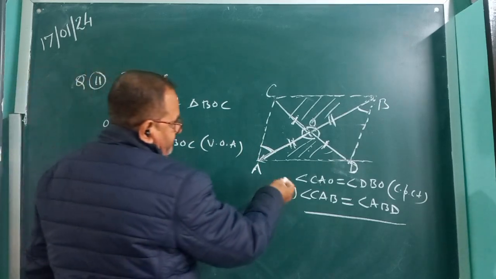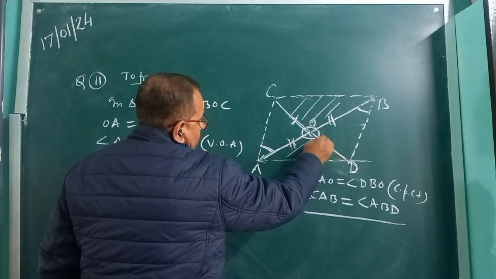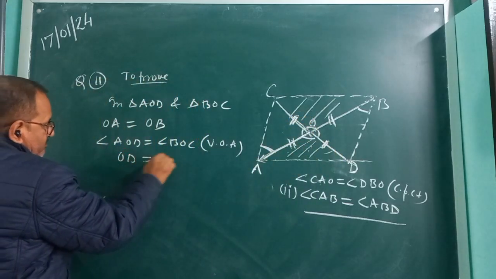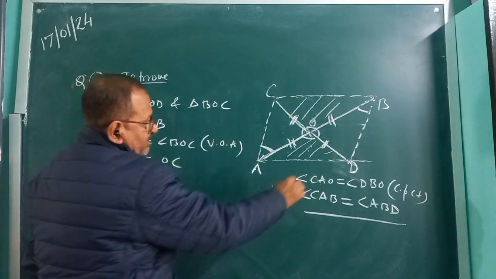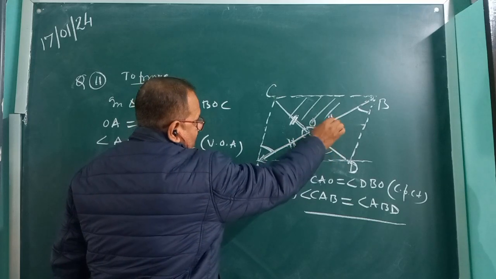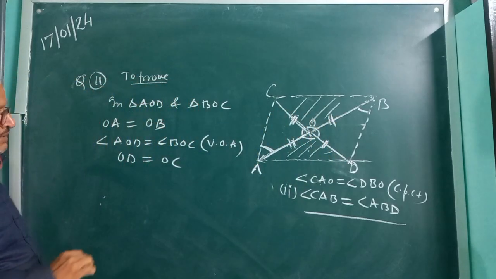And next, OD is equal to OC. These two parts are equal. So by side angle side, again both the triangles are congruent.